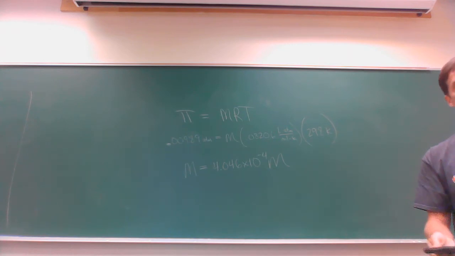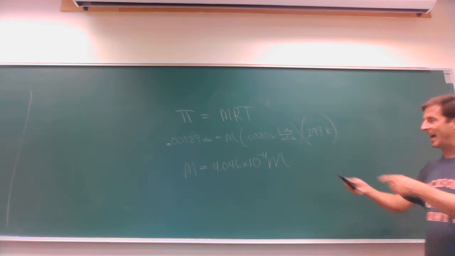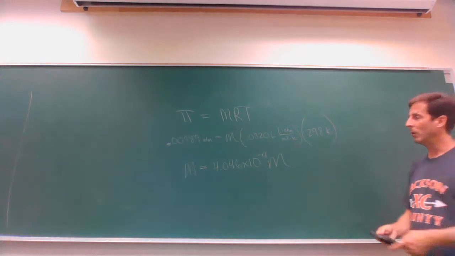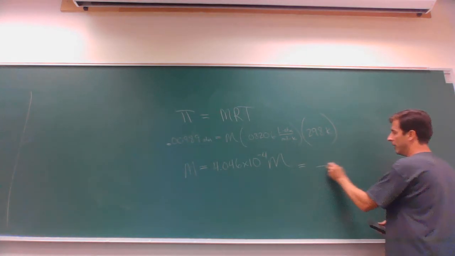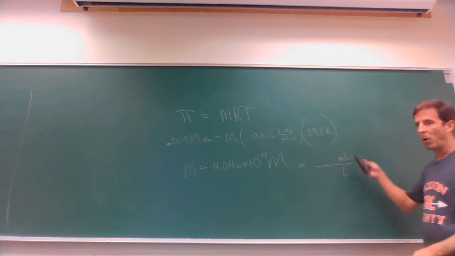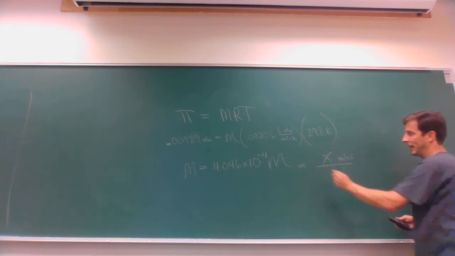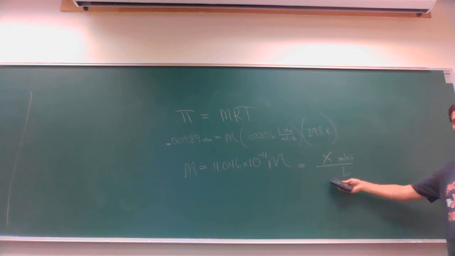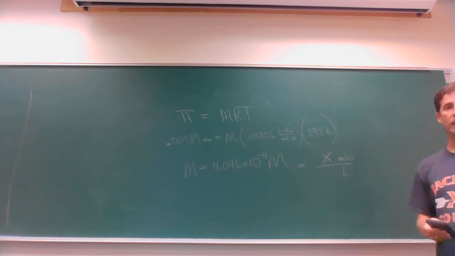Now, step 2 of the process. Use that value to find the moles. Well, I know molarity is moles per liter. Again, moles is what I'm finding, so that's my unknown, that's X. The volume of the solution, the problem said it was 10 milliliters, so in liters that's going to be 0.01.